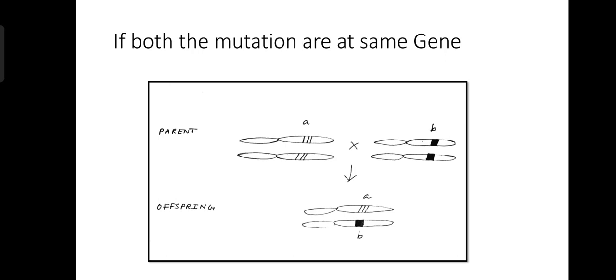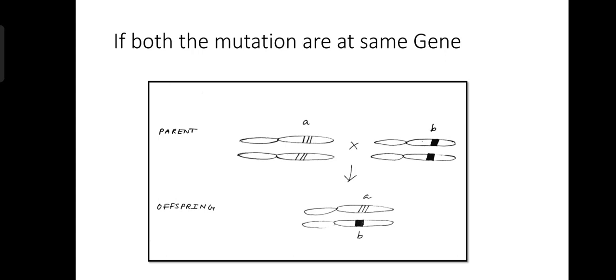When these two are crossed, the offspring inherits the A mutant allele from the first parent and the B mutant allele from the second parent, as a result of which the offspring does not have any wild type allele for this gene, so it will not show the wild type phenotype.